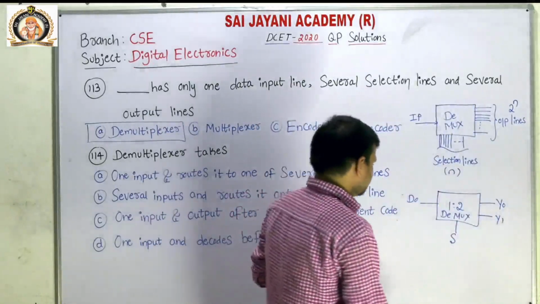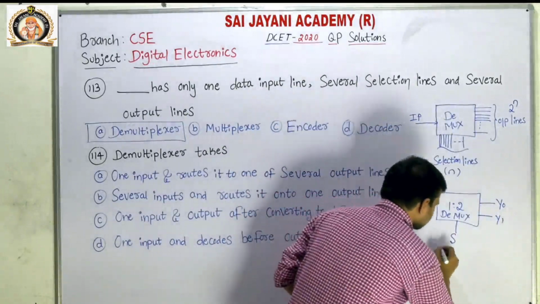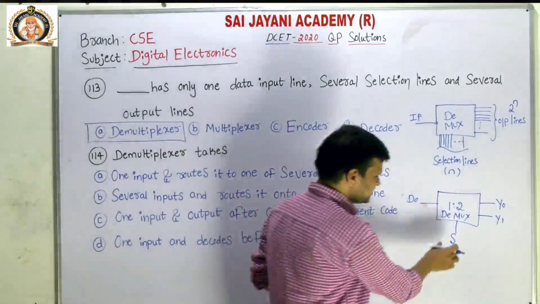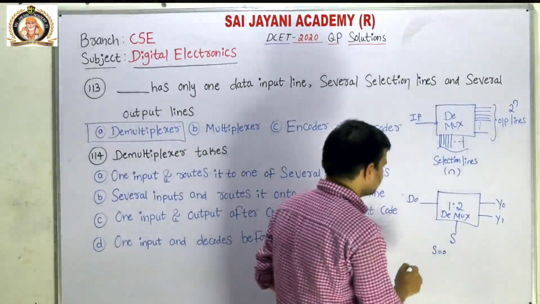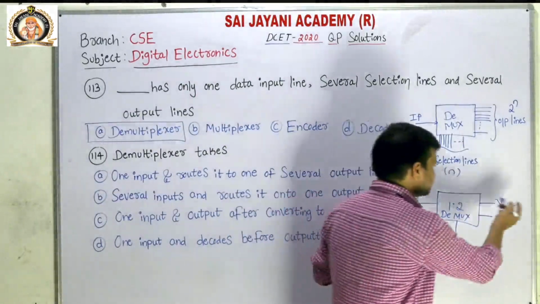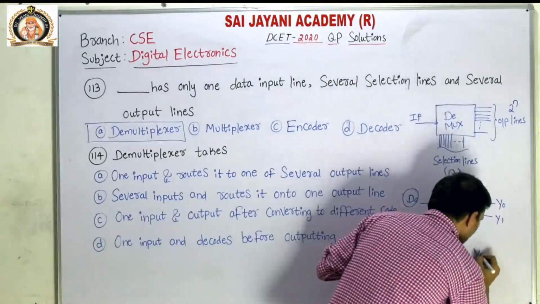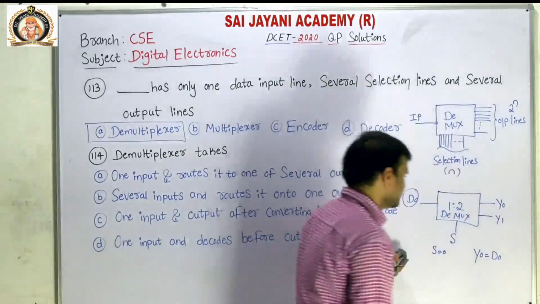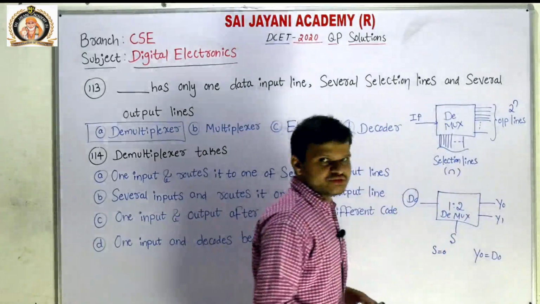Here, if S is equal to 0, then the input D0 is placed at the output Y0 side, that is Y0 becomes D0 when S is equal to 0.